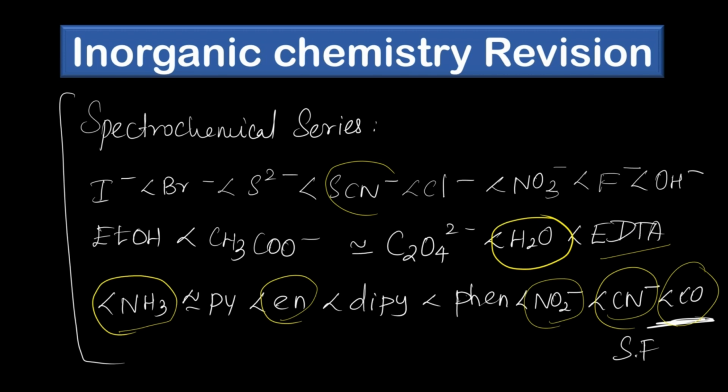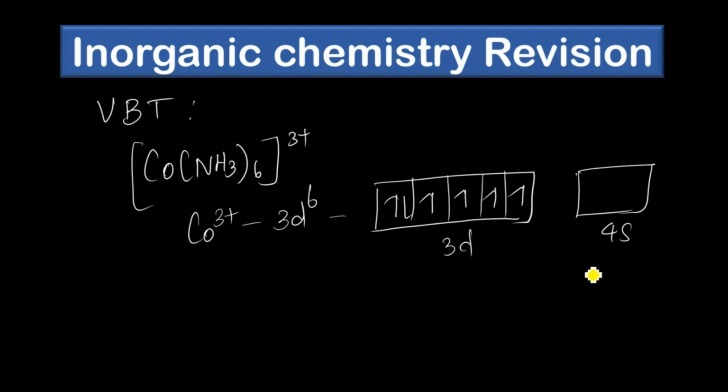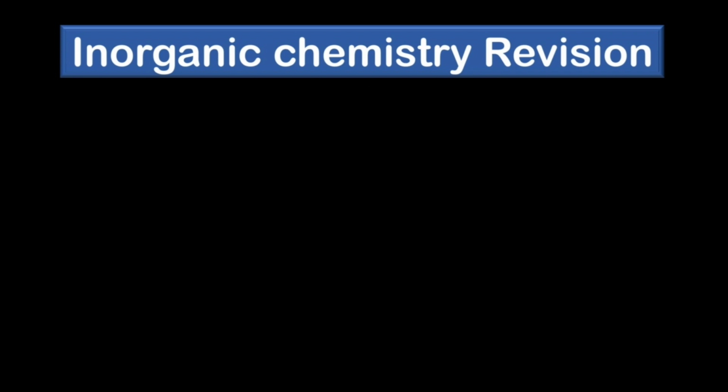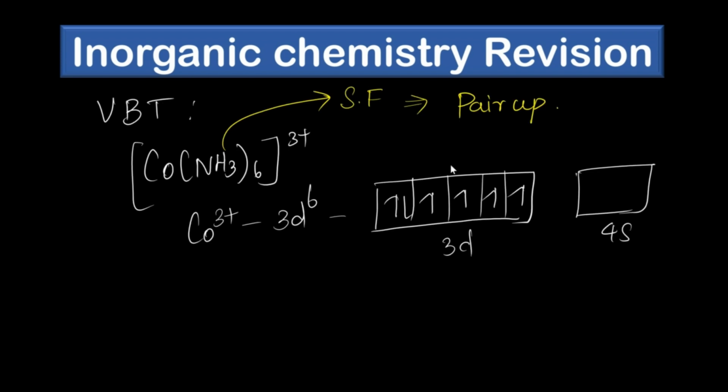Now let's get into how to do this problem. As I told, this is strong field, so the electrons will pair up. Pairing up means the electrons will get excited and jump over here.